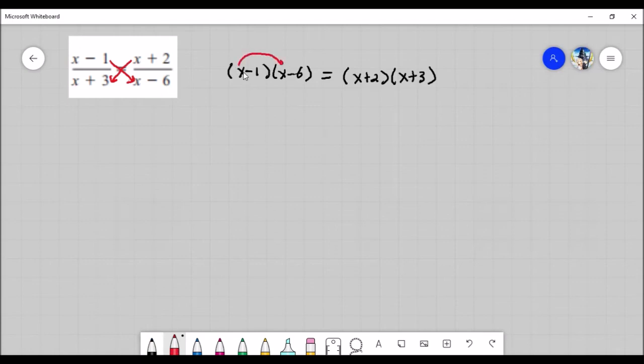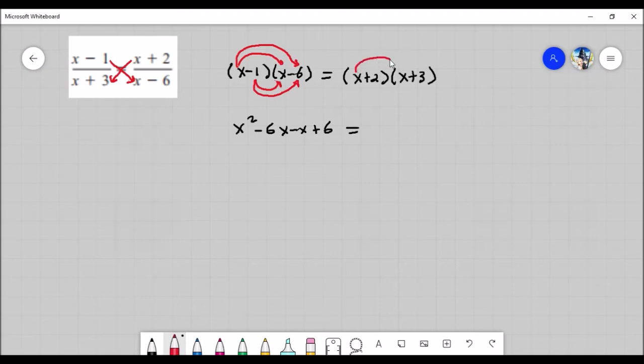This with this, you'll get x squared minus 6x minus x plus 6 equals, and I'll do the combining when I finish.